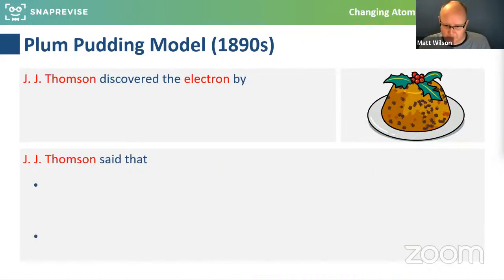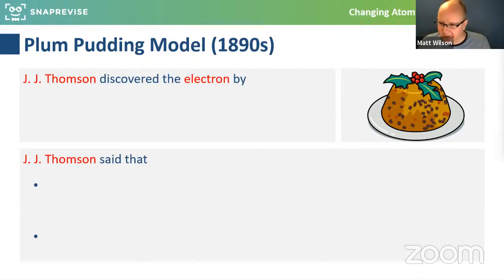So the Plum Pudding model is what we're moving on to now. In the 1890s, J.J. Thomson came up with the idea of a plum pudding model. J.J. Thomson was investigating the rays given out when you heated up a piece of metal, something called a hot cathode. If you heat up a piece of metal by passing a current through it, then there are rays given out by that. And those rays turned out to be electrons, which were being, if you like, boiled off the surface of the metal.